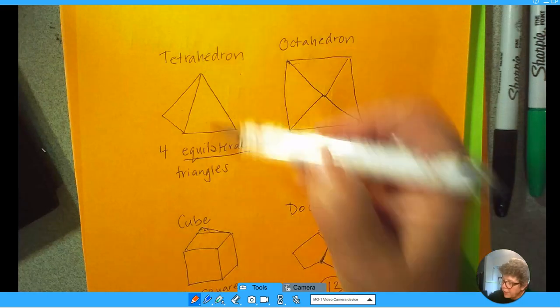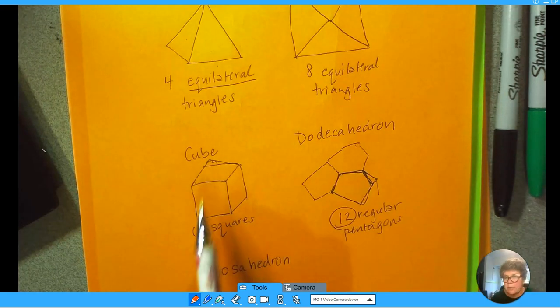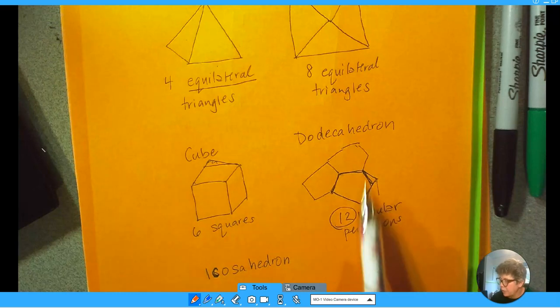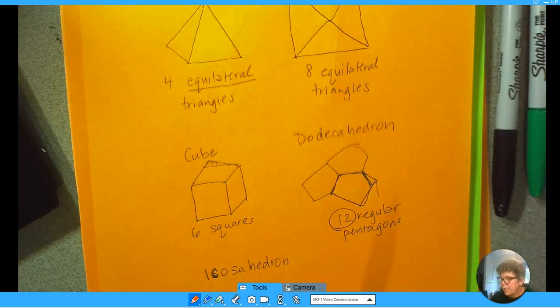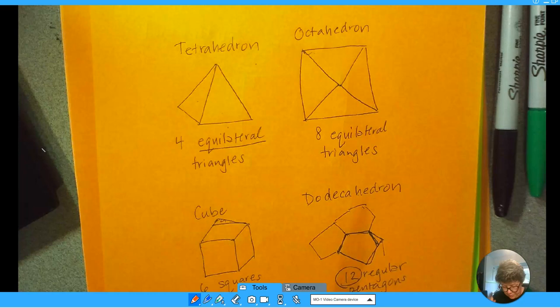So equilateral triangle or square, right? All the sides are the same. Regular pentagon, all the sides are the same. So it has to be either triangle, square, or pentagon, and all the sides are the same to make it into a platonic solid.